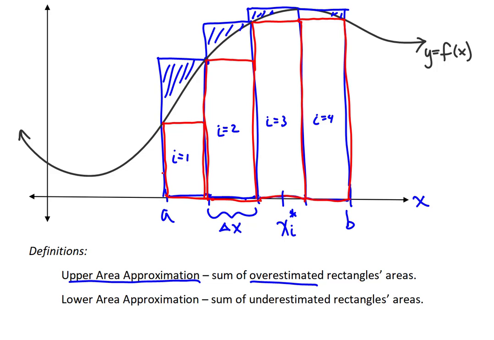Of course, now after that, in red we drew these lower area approximations, which are the sum of the underestimated rectangles' areas. And we already discussed that there's extra space below the curve. In other words, those red rectangles, the second set of them, are too low. They're all below the curve, so there's a little error in that they're too small. So we're either too big or too small with what we've drawn so far.